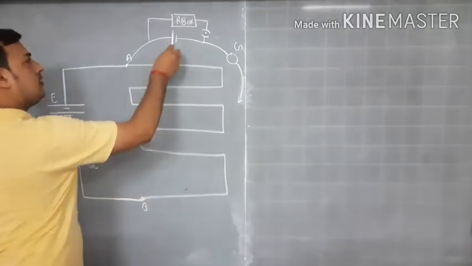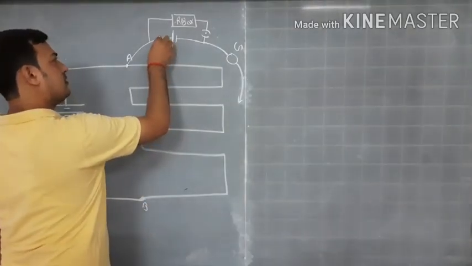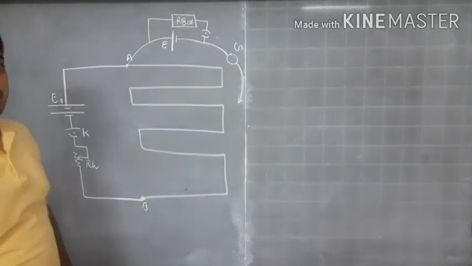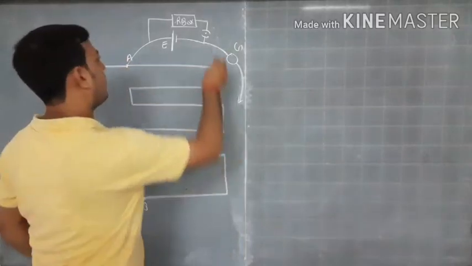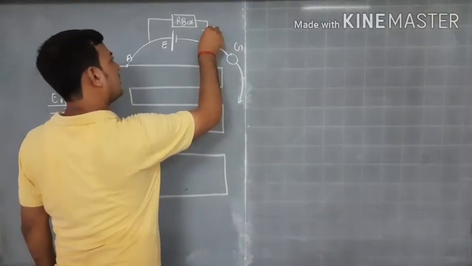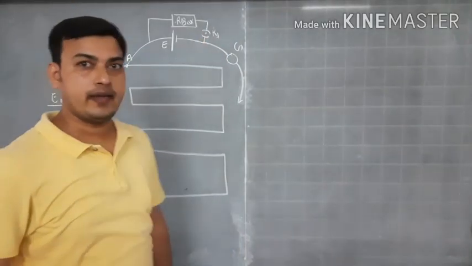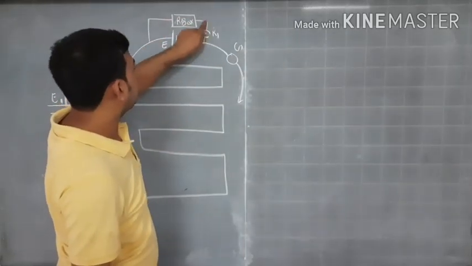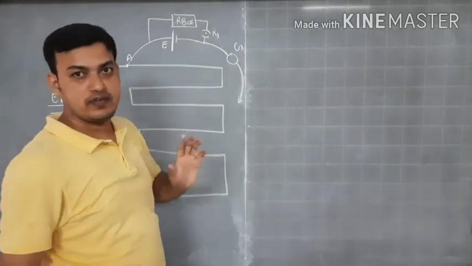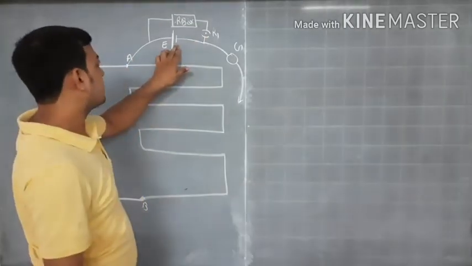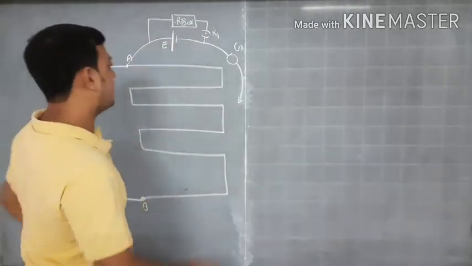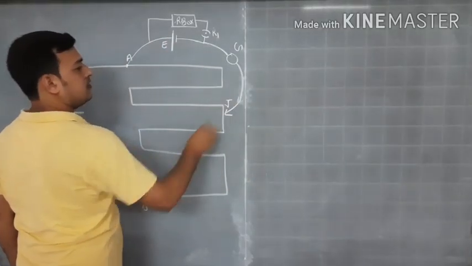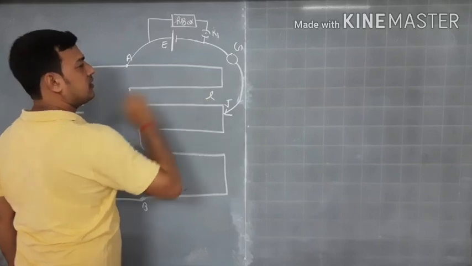First of all, let E be the EMF of this cell, and let me call this EMF E1. First I will keep this key, let me call it key K1, open. Open means this branch is not functioning, or you can say that this circuit is not complete when key 1 is open. So my cell E1 is only effective, and in that case the balancing length is L.